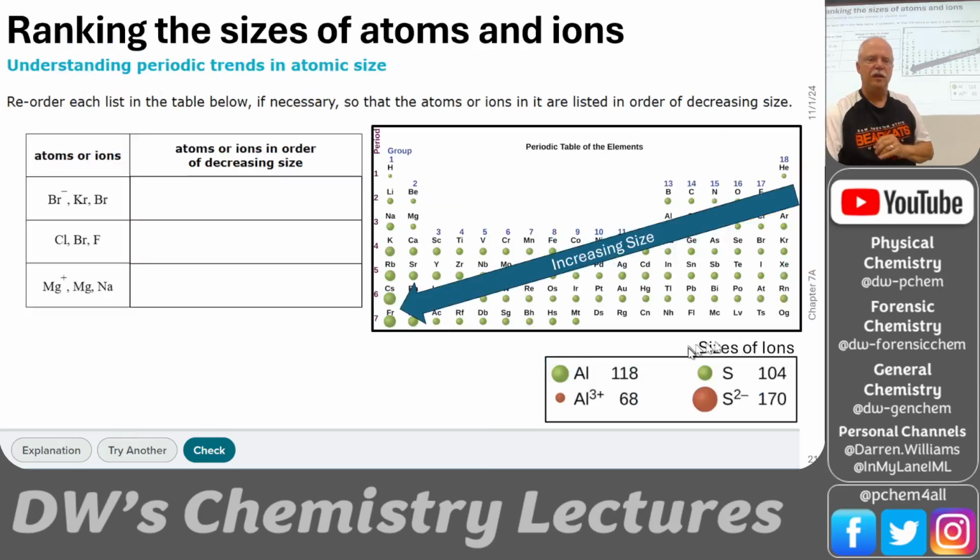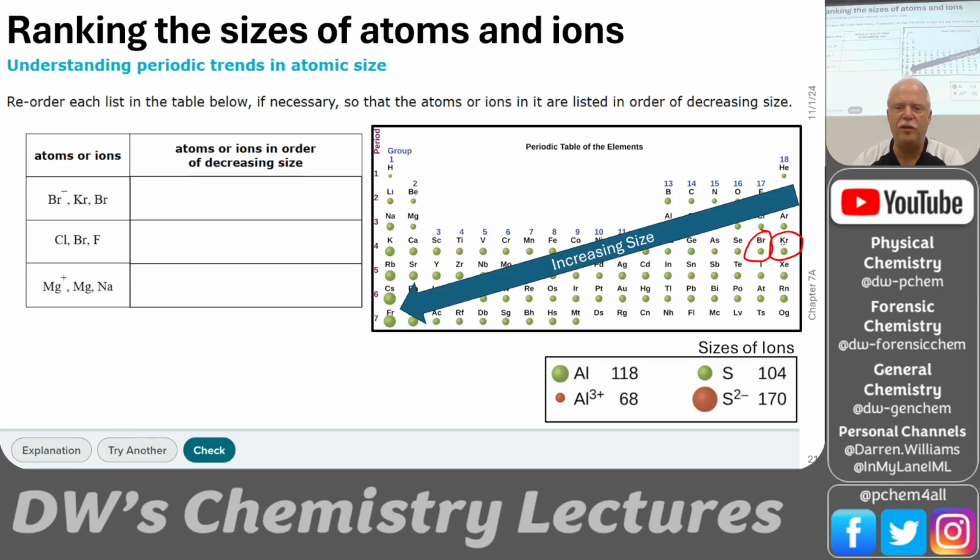So here's an example. It says rank the sizes of the ions and atoms. So here we have bromine, krypton, and a bromine ion. So we can circle those here. Here's krypton, here's bromine. So krypton's the smallest, and we want it in decreasing size. So we want the largest first.